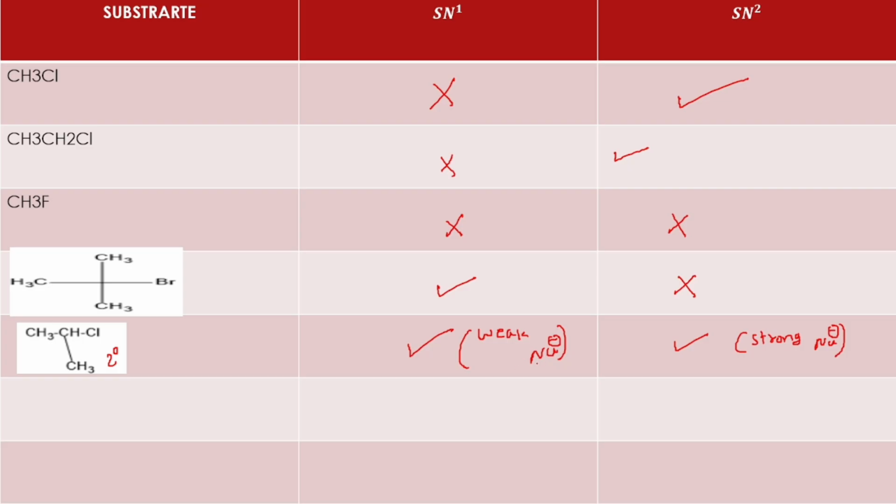If you say weak nucleophile, example H2O, a neutral nucleophile. Strong nucleophile, example you can take OH minus. The reaction takes place depending on the nucleophile.